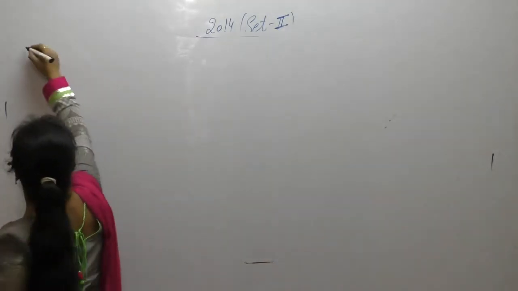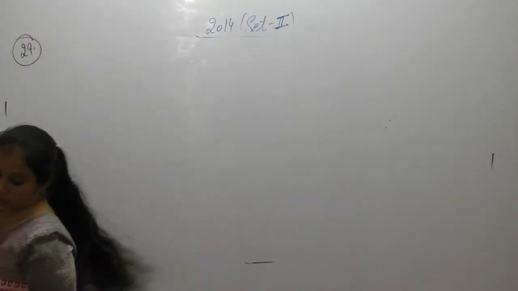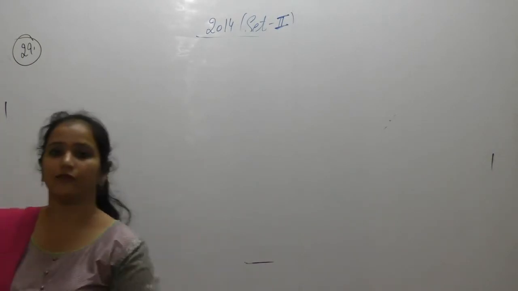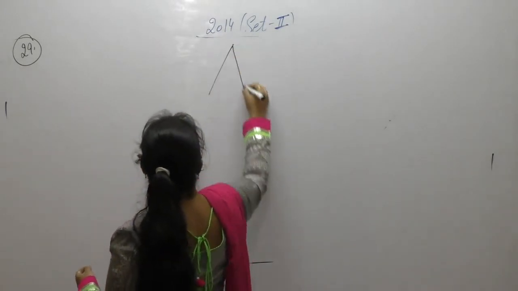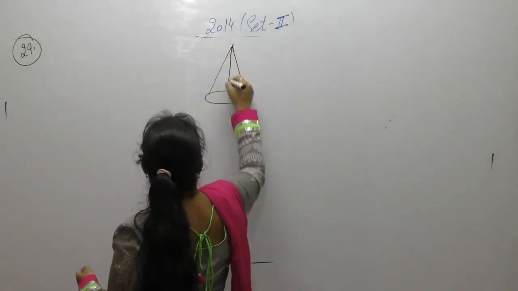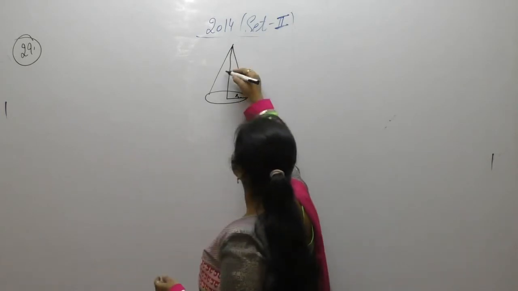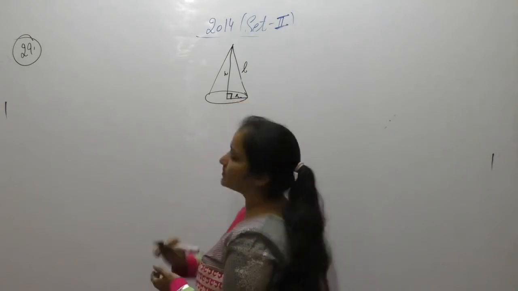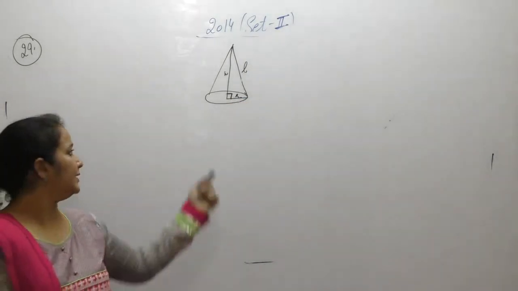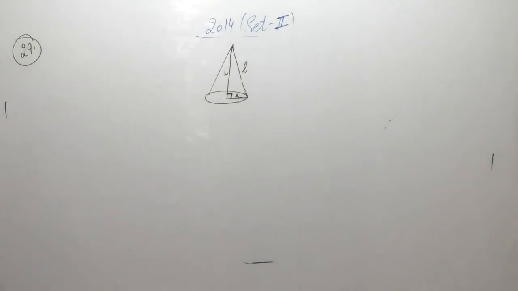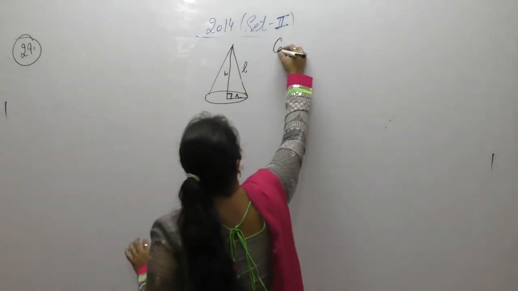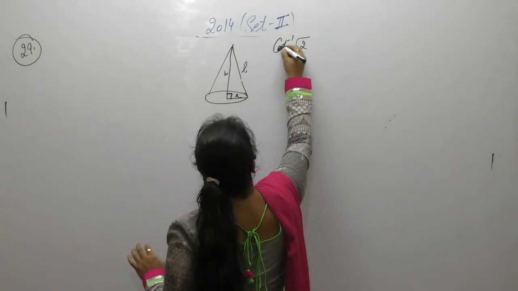Now the next question, which is different in set 2, is question number 29. Prove that the semi-vertical angle of a right circular cone of given volume and least curved surface area is cot inverse square root of 2.